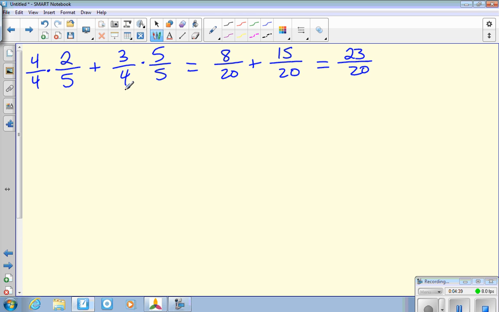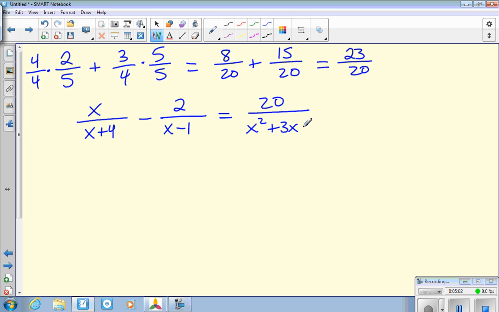We're going to do the same thing with an equation. Say that I have the equation x over x plus 4 minus 2 over x minus 1 equals 20 over x squared plus 3x minus 4.